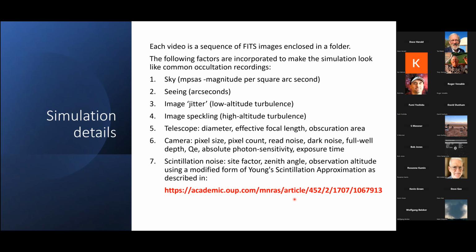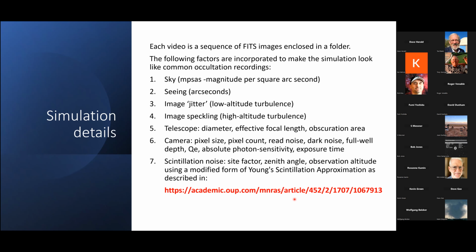Now, the modification that he did in this paper was to look at the best observatories in the world and compare them with what the scintillation noise actually is, since they can now measure that pretty well. And he discovered that Young's was under approximating. And so he stuck in a factor. And for those best observatories, that factor was some number between 1.2 to 1.5.